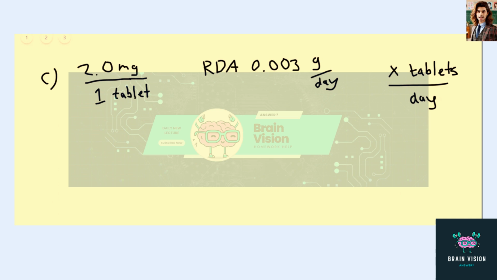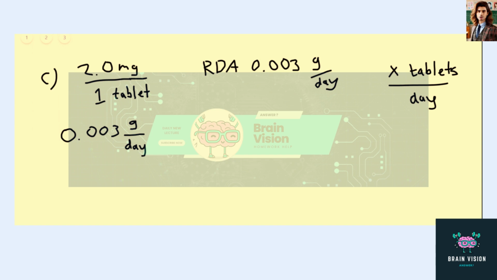You can see from all of our units right here, we have grams per day, and then we have milligrams and tablets. This is the quantity we want to find out, what we need in our bodies, grams a day.